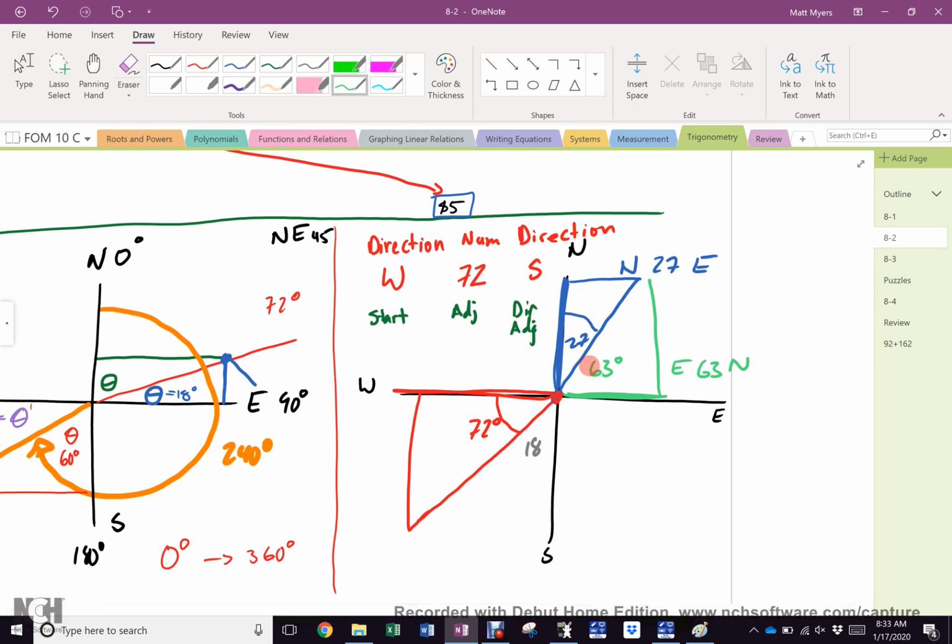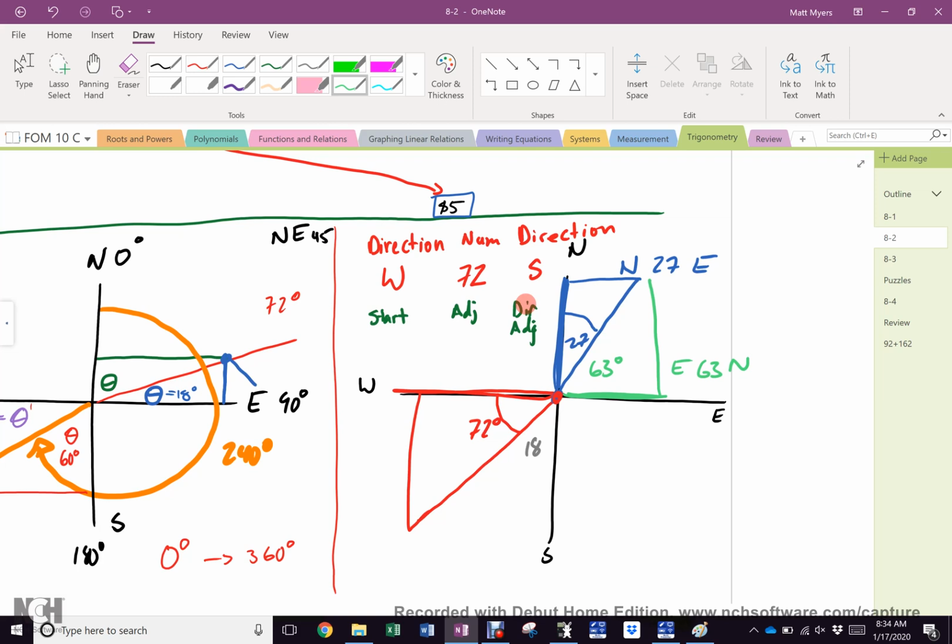So, if you see something to do with direction, like he walked off at 18 degrees, are you going to be using the left or the right? I'm going to walk from this point on a heading of 18 degrees.